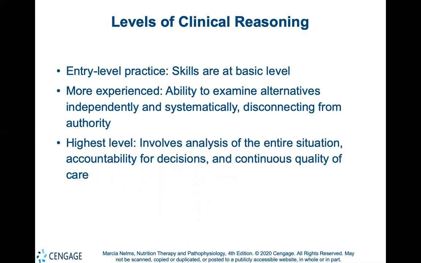The highest level of clinical practice involves an analysis of the entire situation: the person, the illness, the meaning of illness to that person, and the person's lifestyle, the family needs, the social influences, and the physical environment in which the person lives. At this level, the dietitian is acting in support of the patient, the principles of the nutrition care process, and the professional standards that underlie the discipline of dietetics.